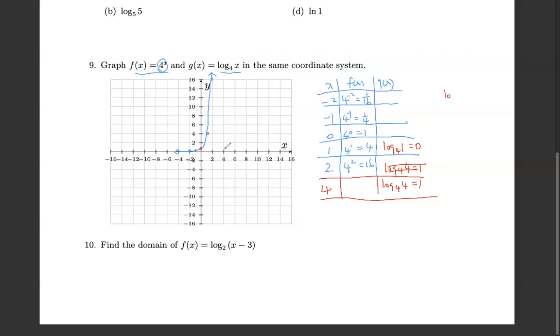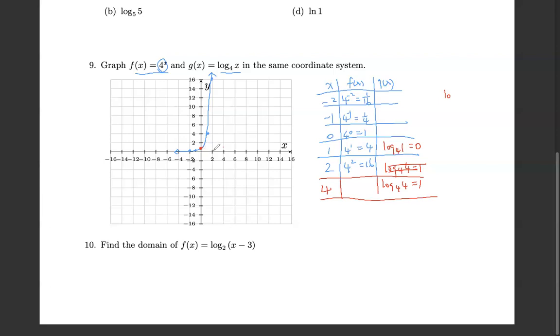A little bit high, I should do it a little bit lower.